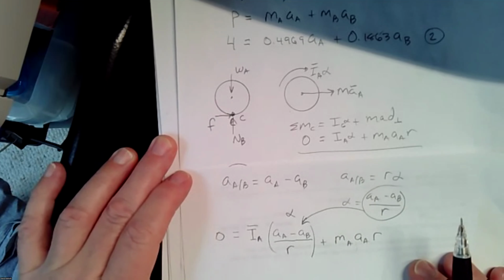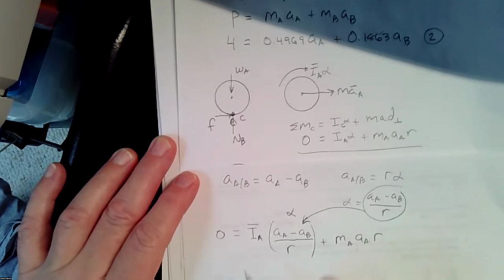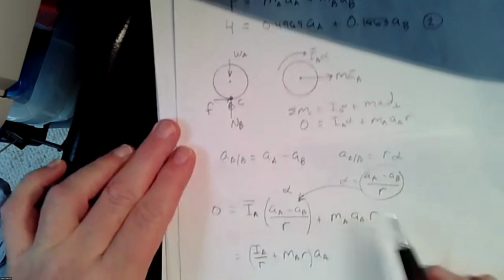All right. So now I can rearrange things and I get this equal to I_A over R plus MAR, all times acceleration A. Sorry about that.